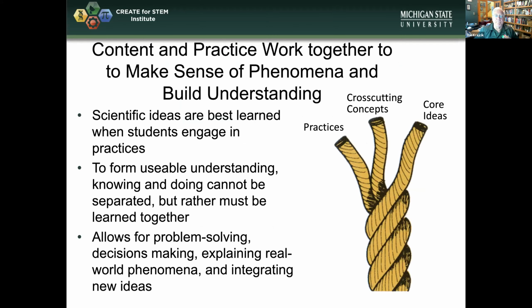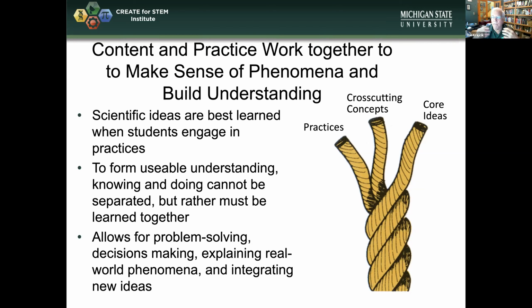So this is one of my analogies that I like to use to talk about the 3 dimensions. And one of the critical aspects is they work together. If you're going to make sense of a phenomenon, scientific practices are critical, but in and of themselves, you're not going to get any place because you don't have any foundation, any conceptual ideas to build on.